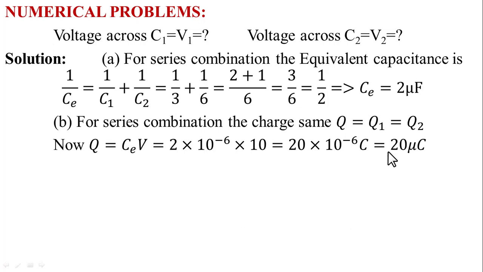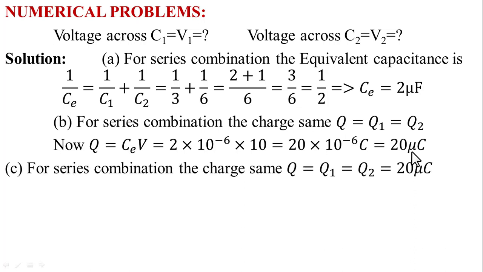This implies that Q is equal to 20 microcoulomb. Then we solve part C: for a series combination, the charges are the same, Q1 is equal to Q2 is equal to Q, which is 20 microcoulomb.